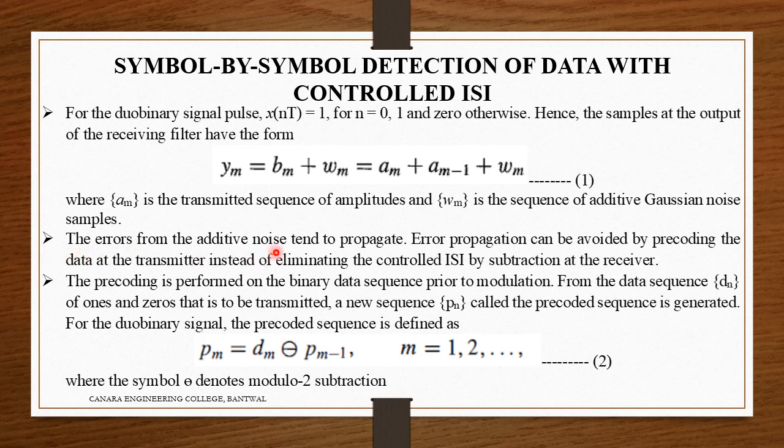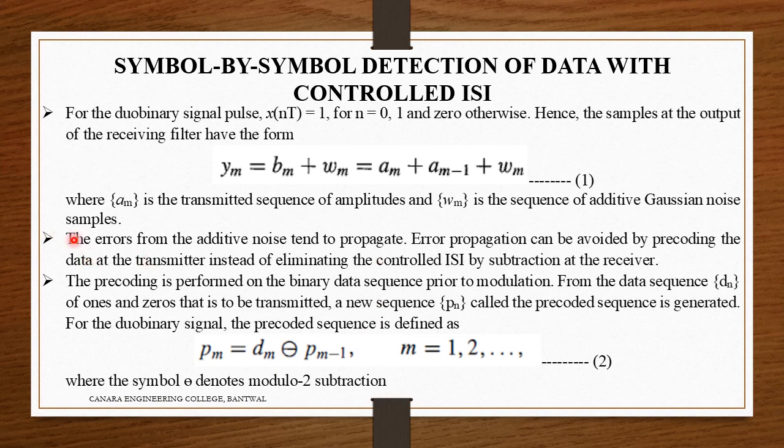The errors from the additive noise tend to propagate. Error propagation can be avoided by pre-coding the data.